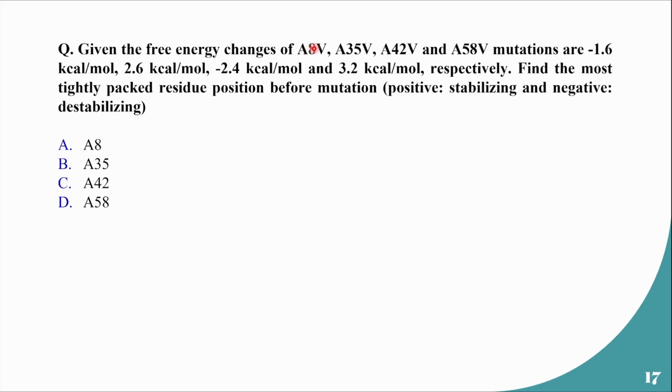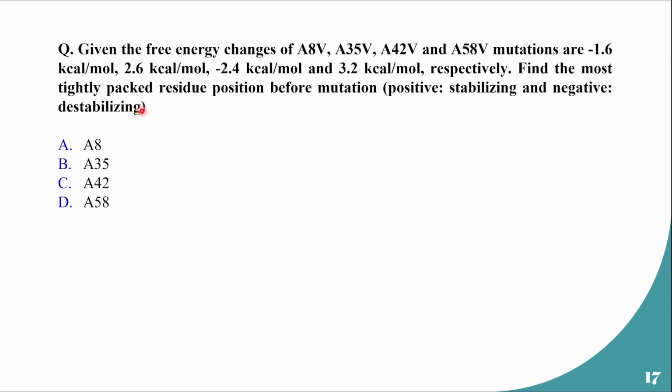For those different positions, it is being asked which one was the most tightly packed residue position before mutation. So before mutation, which of these was the most tightly packed alanine, basically? And here it has been given that a positive value indicates stabilizing and a negative value indicates destabilizing.